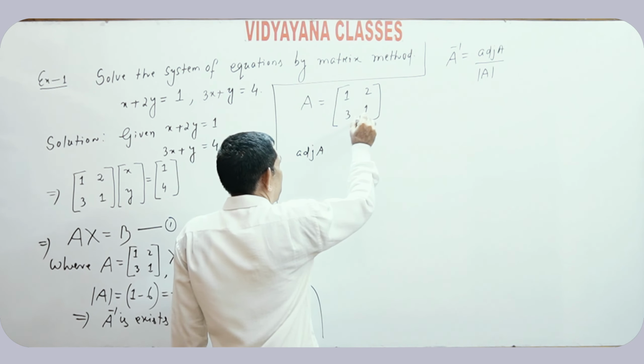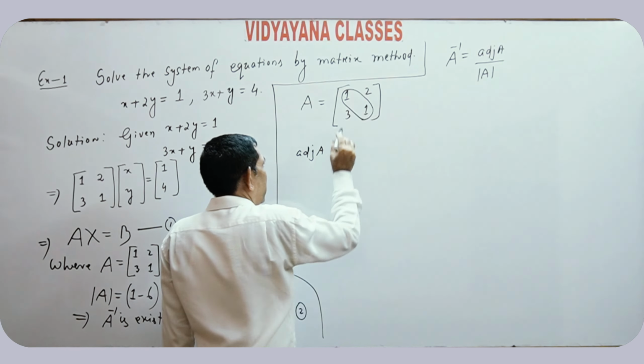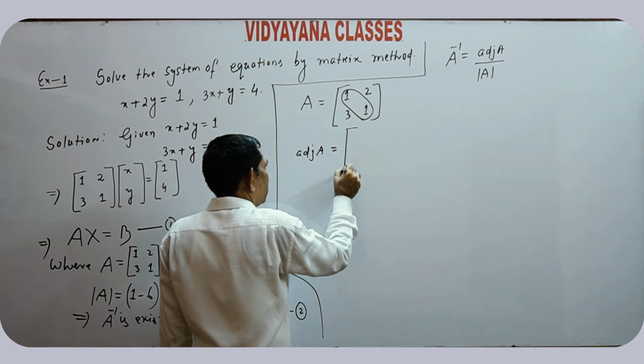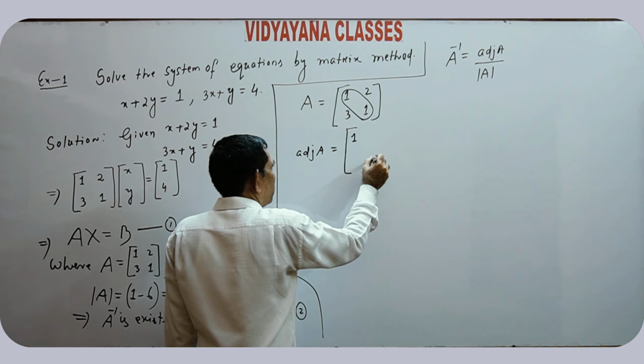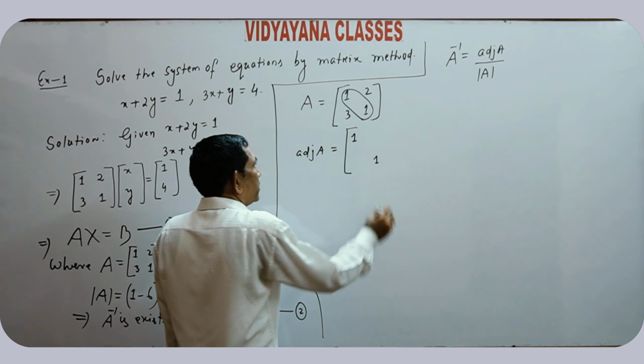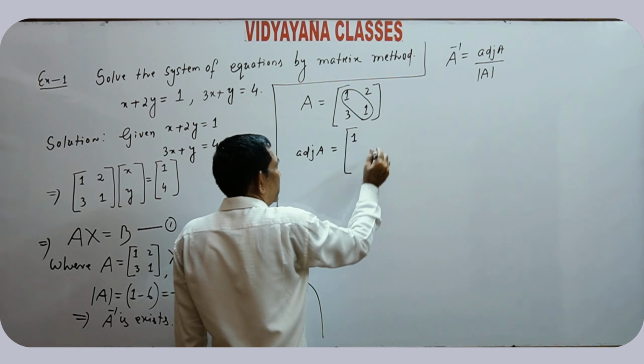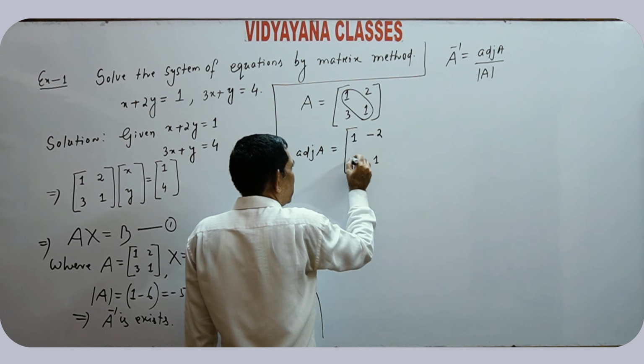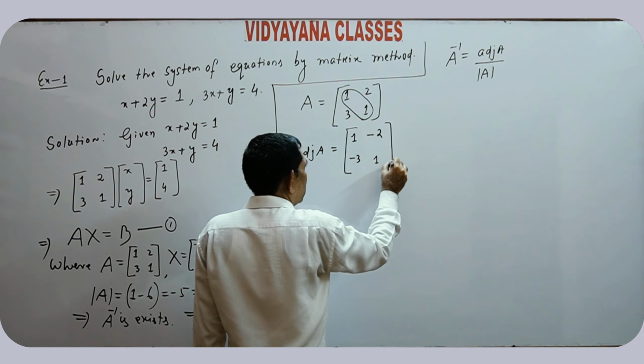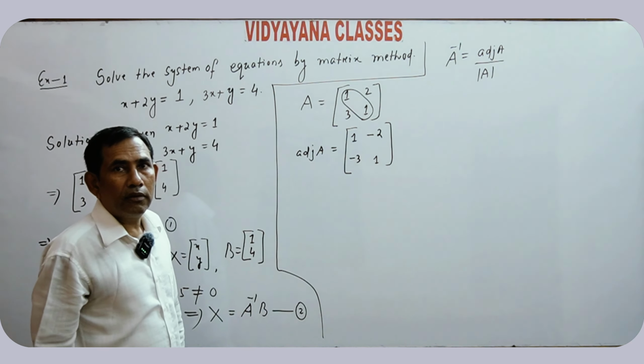That means interchange the places of the diagonal elements, 1, 1. Change the sign of the other elements, that is 2 and 3. It is minus 2, it is minus 3. Clear?